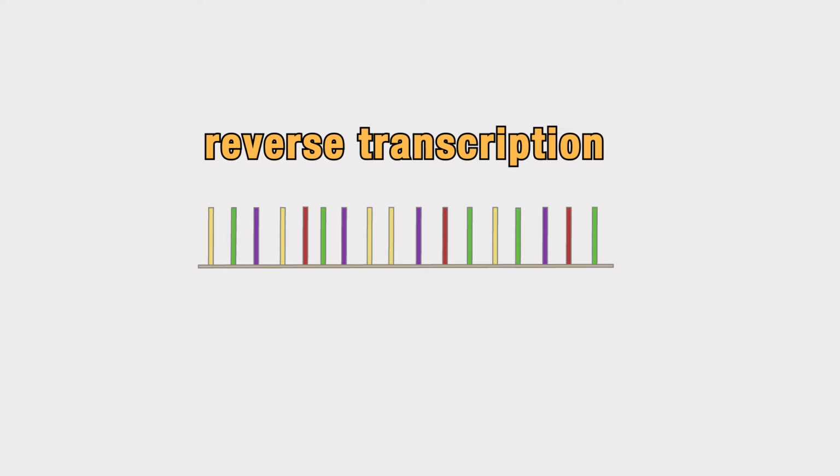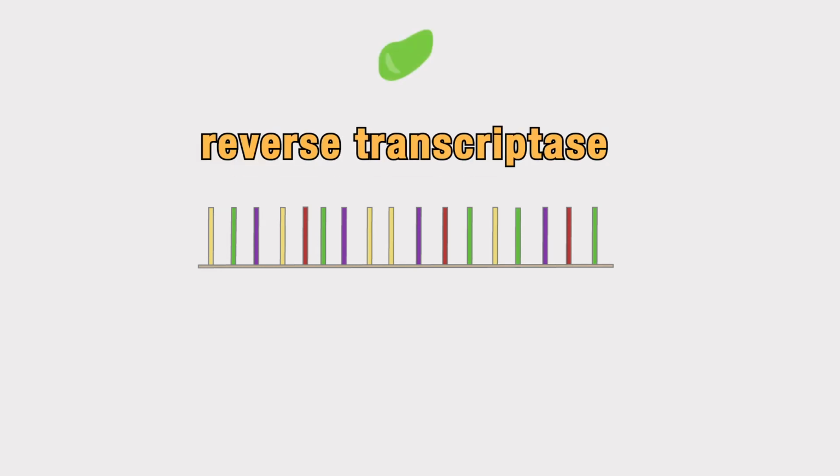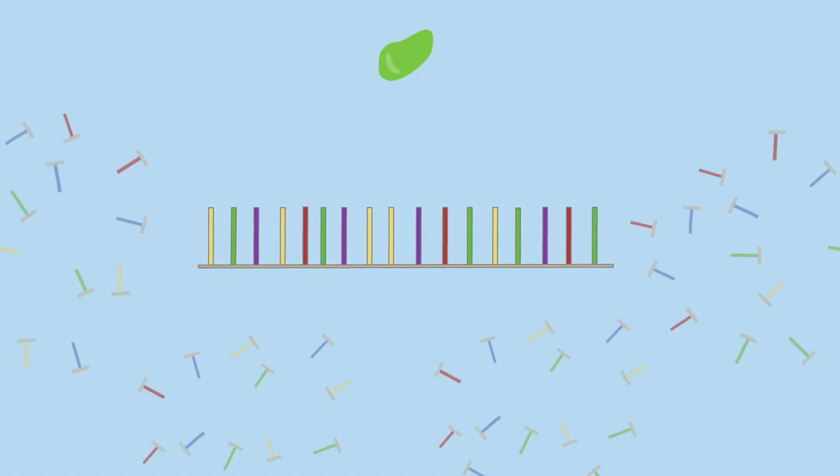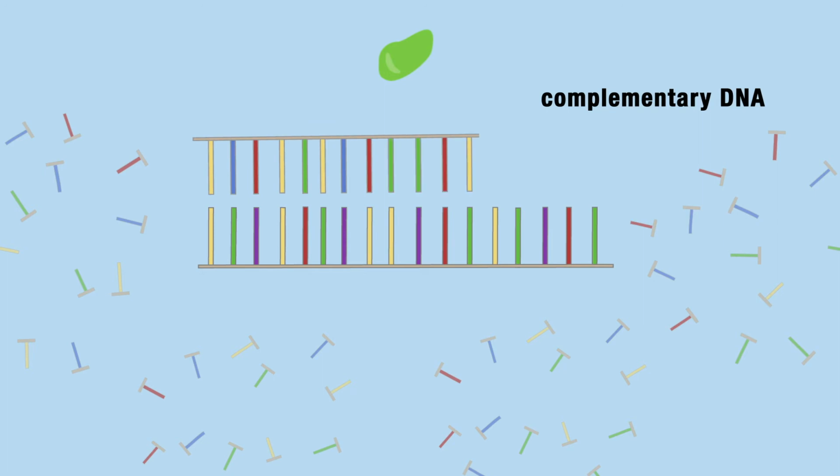Reverse transcription relies on an enzyme called reverse transcriptase, which some viruses use to replicate their RNA-based genomes. When RNA molecules are exposed to reverse transcriptase in the presence of a buffer and free nucleotides, their code serves as a template to produce complementary DNA, or cDNA.